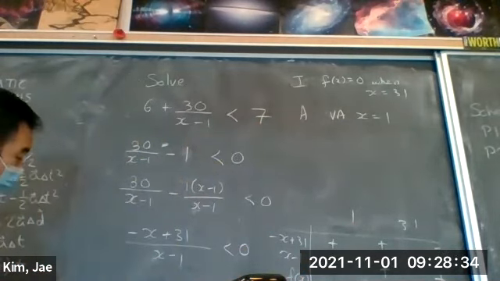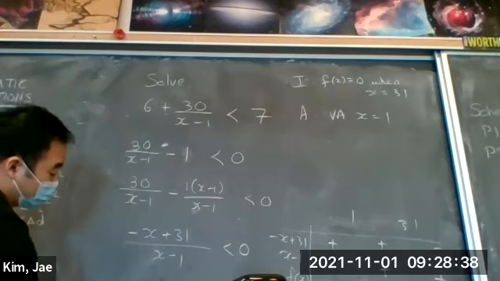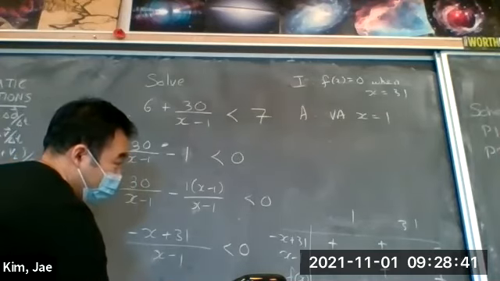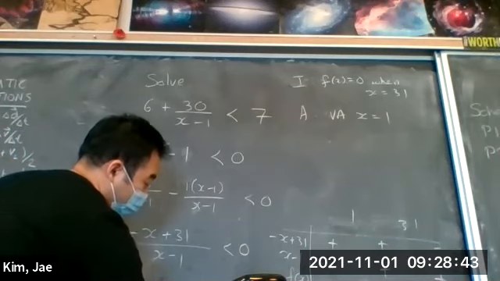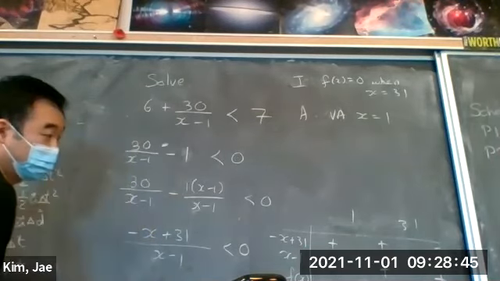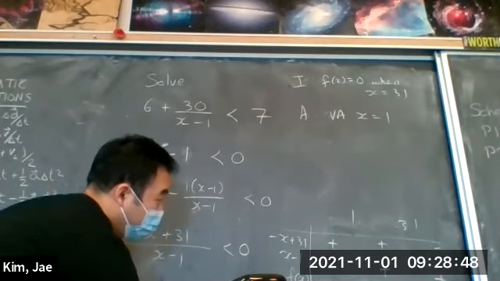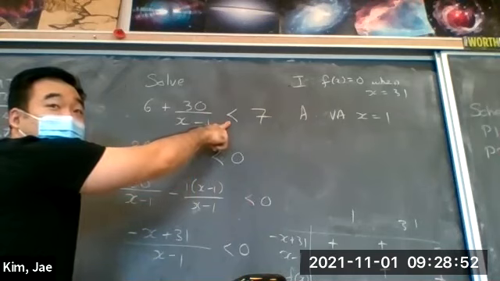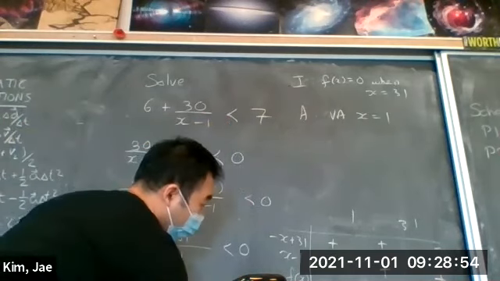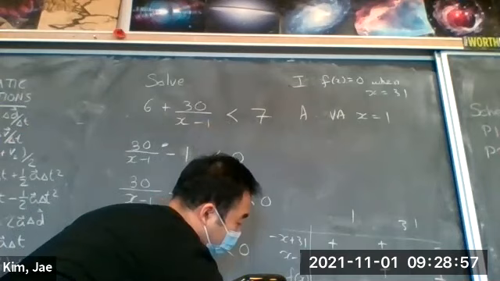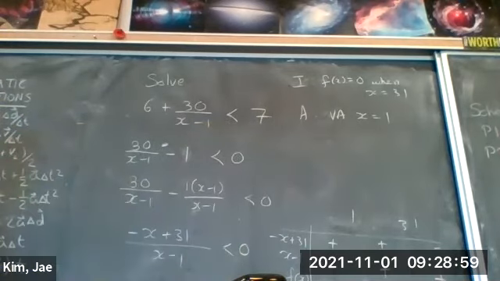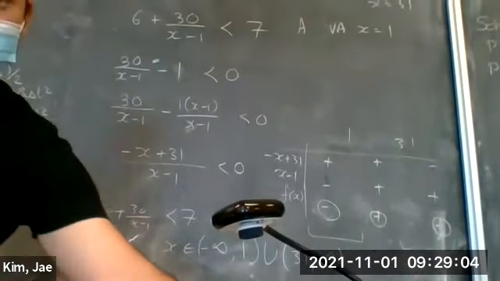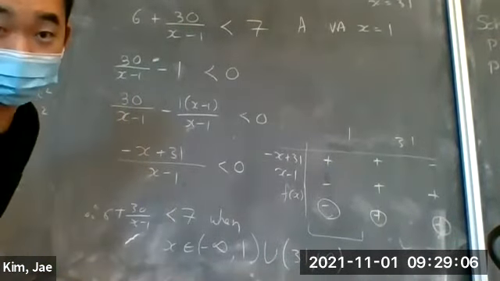Therefore, I'm going to just say 6 plus 30 over x minus 1 is less than 7 when x belongs to negative infinity to 1, but I don't include 1 because this is not equal to, union 31 to positive infinity. And you can't see that last part, so I'll just do that and let you catch up if you're online with me.